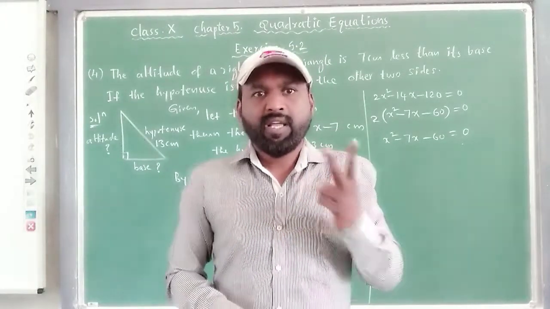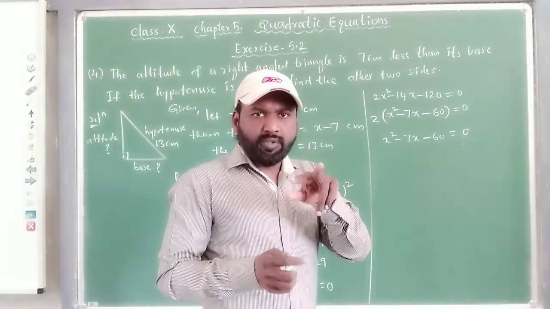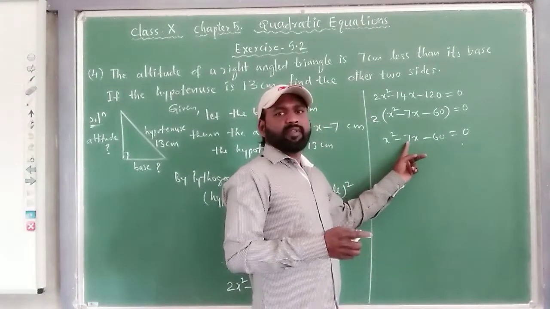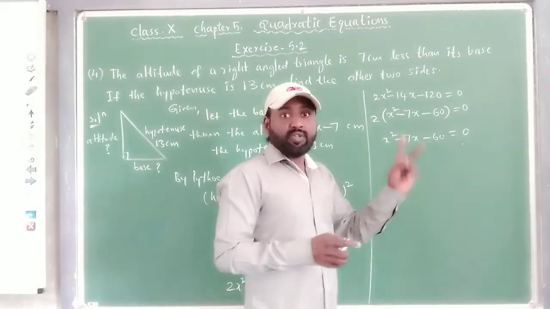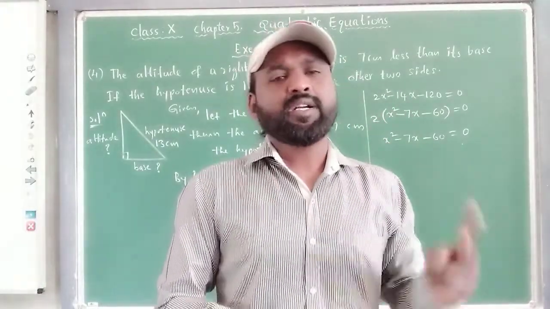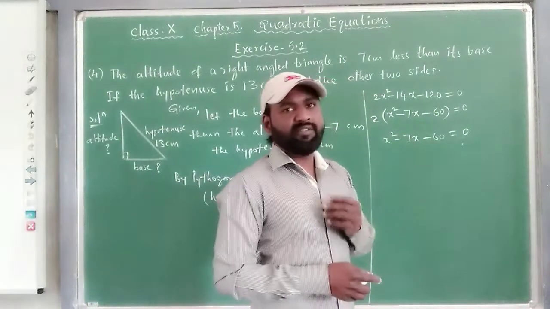Why this pair only? Because when I do the addition or the subtraction of the two numbers 12 and 5, I should get the coefficient of the x term. What is the coefficient of x term here? 7. So 12 and 5. 12 minus 5 will be giving 7. 12 into 5, the product will be giving 60. So that combination will work out for us.